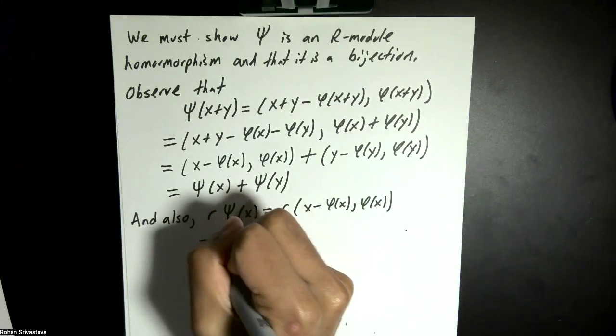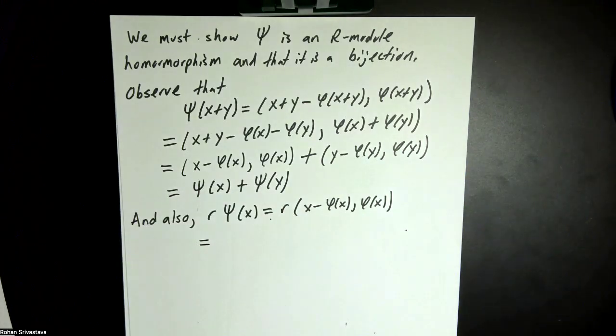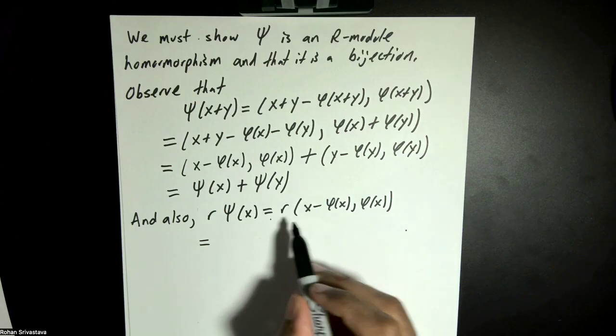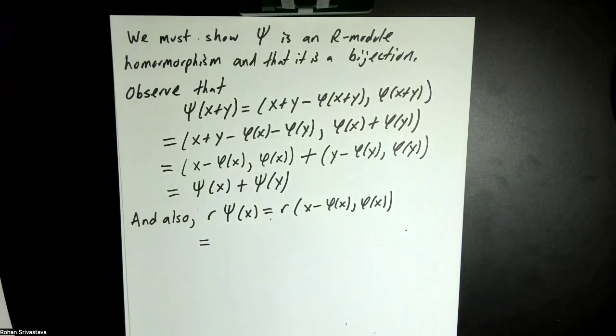So this is going to be r acting on this, comma r acting on this.